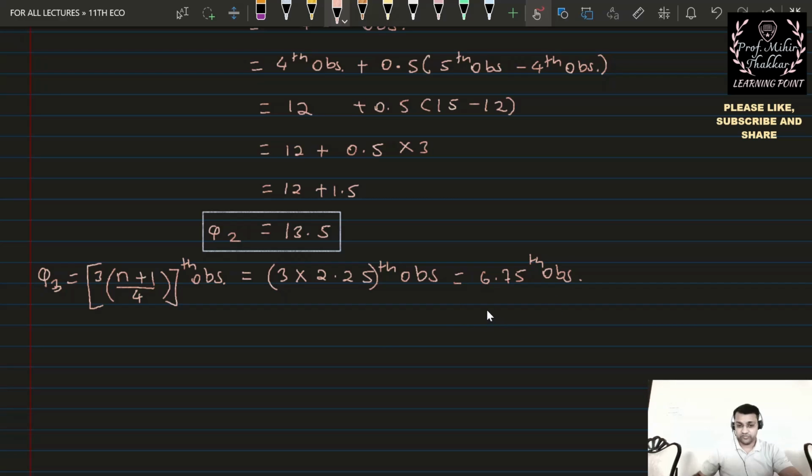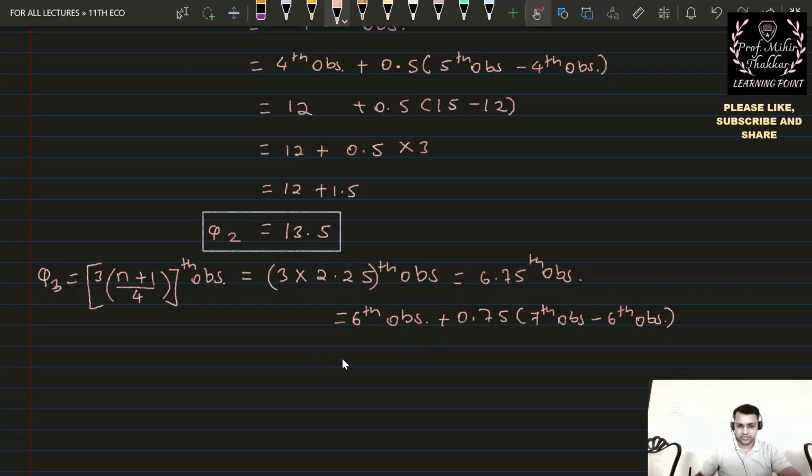So once again, we will split it into two parts like this. Sixth observation plus 0.75. Now this 6.75 lies between the sixth observation and the seventh observation. Therefore, it will be subtracted and multiplied with 0.75. Seventh observation minus the sixth observation.